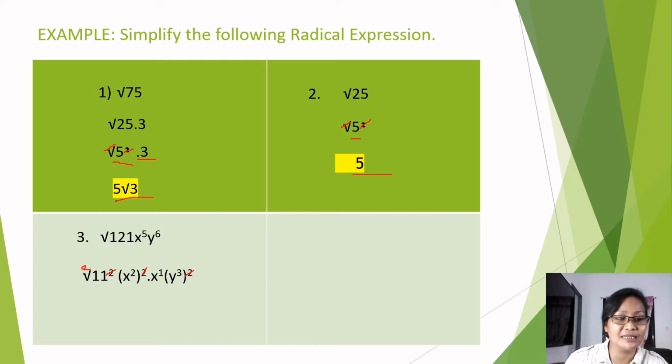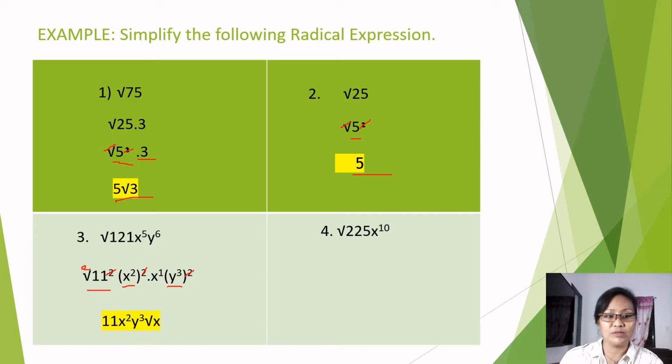The number that is the same as the index must be the one you are going to cancel. So our final answer is 11 x squared y cubed square root of x. Let's check. The same. So 11 x squared y cubed square root of x. x is the non-perfect radicand.